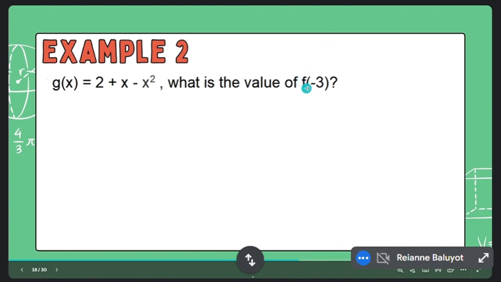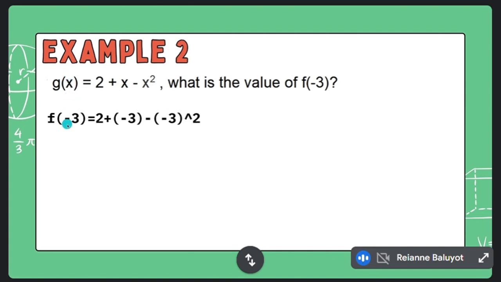I'm sorry, this is supposed to be g of negative 3. So we replace x with negative 3. Now we have g of negative 3 is equal to 2 plus negative 3 minus negative 3 raised to 2.